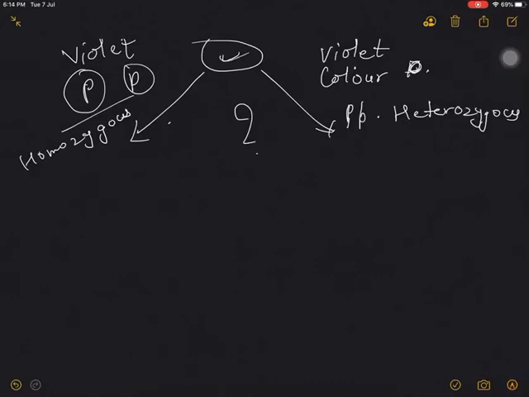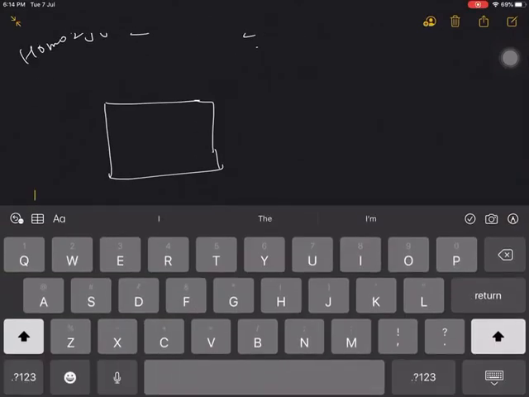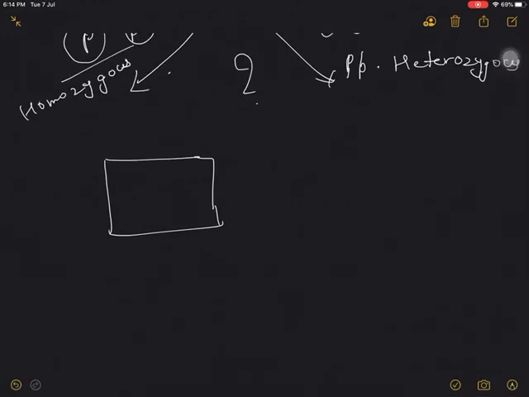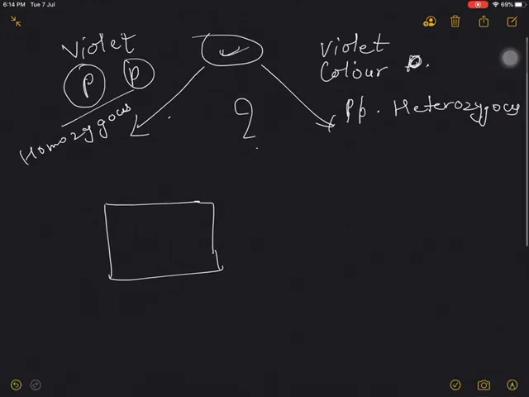As you know, again we have to write gamete on the top of the box. For the dominant trait, we can write capital P. For recessive homozygous parent, we have to write a small p.